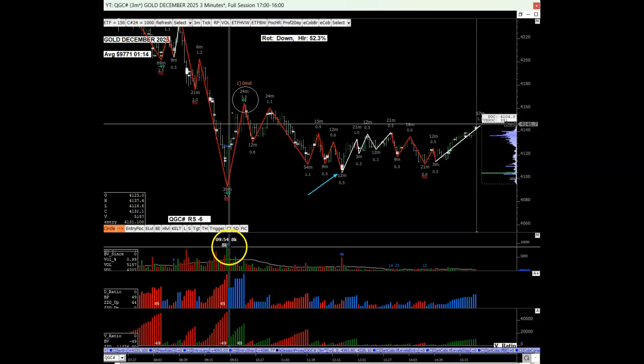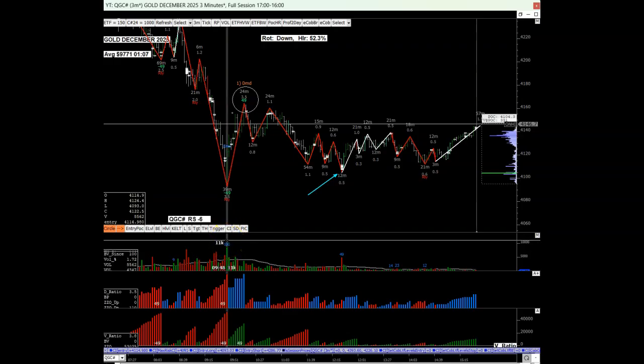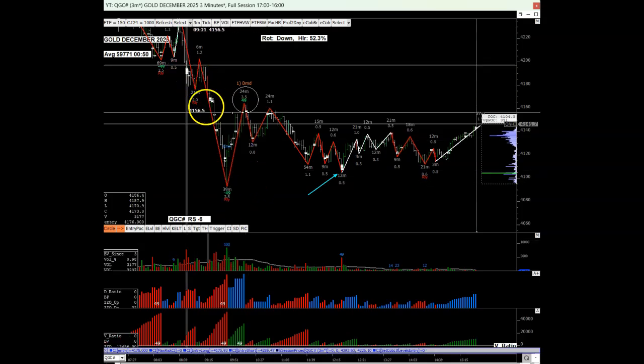That stopped the downtrend. This is, in terms of percentage, it's only 1.7, but in terms of count, it's the biggest volume in 100 bars. That's a lot.